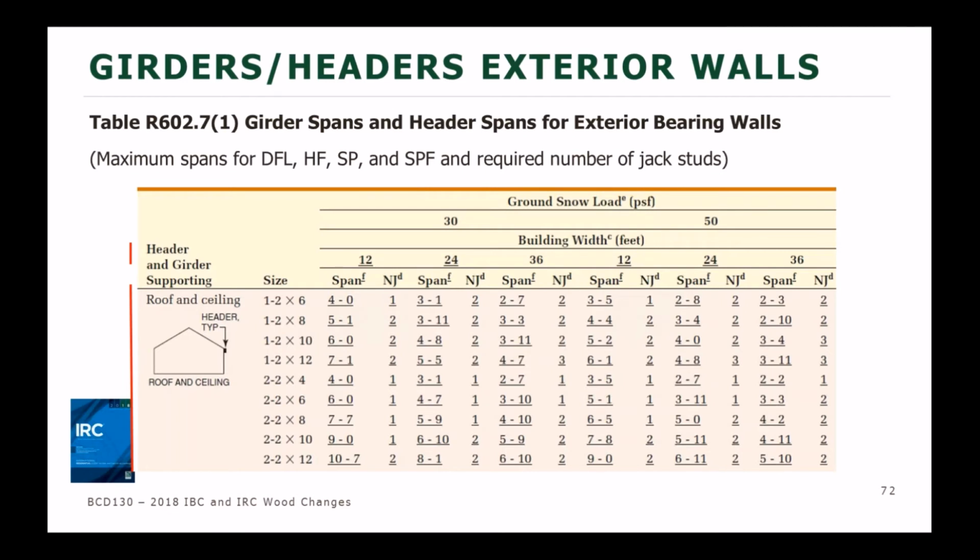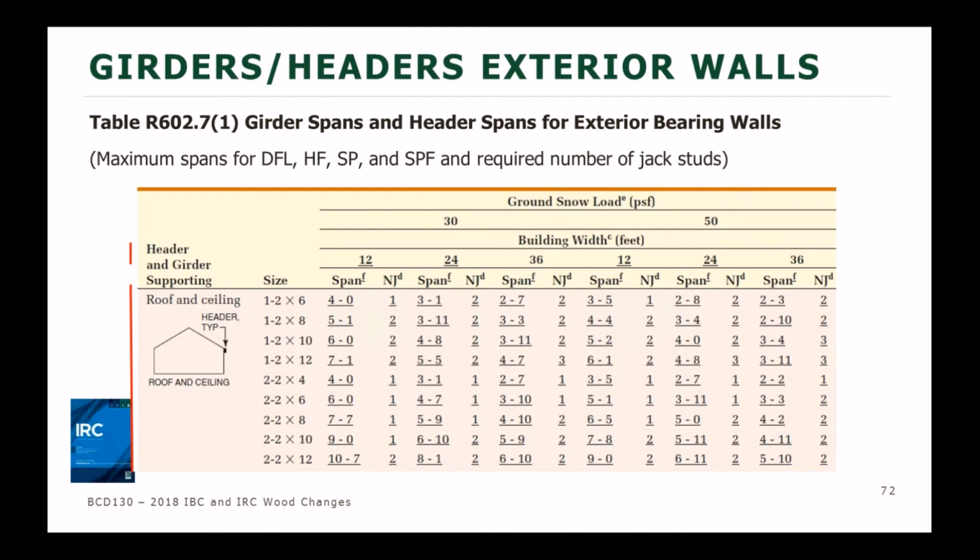Now, Michelle already mentioned that this table is reducing the spans of the members, and so we've got header spans that may have dropped up to a foot again. And that's a concern simply because we had a drop in span length in the 2015, and we, in some cases, have a drop again here.